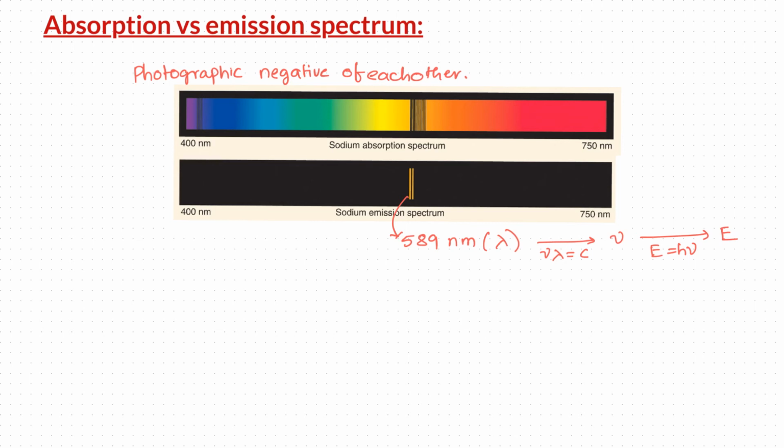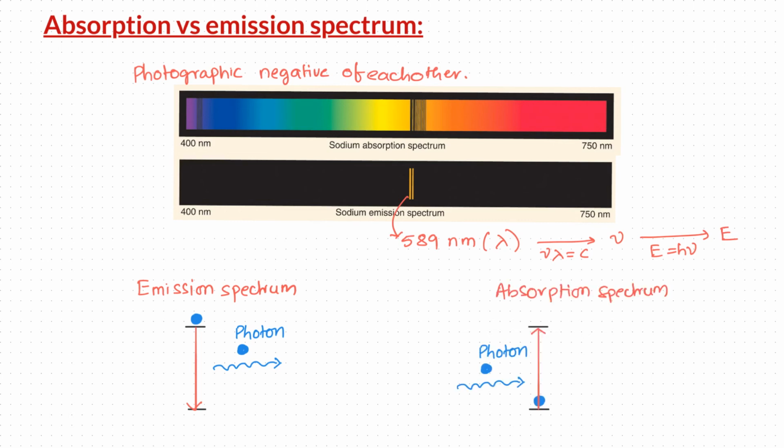We can use the formula E is equal to h nu. In the emission spectrum, this is the energy of the photon that is released by the excited atom. And in the absorption spectrum, this is the energy of the photon that is absorbed by the atom to get excited. We can say that the atom releases the same amount of energy that is absorbed.